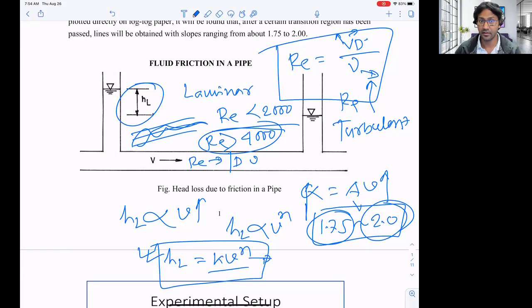So fluid friction in a pipe comes from the roughness, and roughness comes from the distribution of the rough surface. If we have a pipe and the roughness is like this, the friction factor depends on the distribution, the size, and the shape. It may be triangular, rectangular, or spiked.